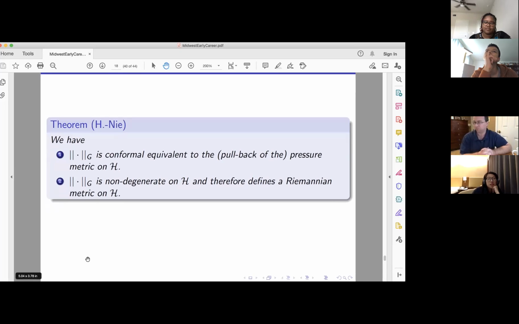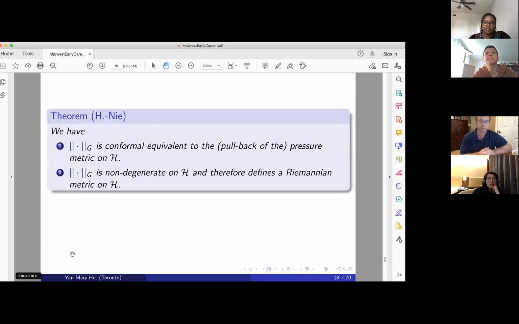As we said before, a priori we do not know if the pressure metric is degenerate or not, and this is the most difficult part: to find out whether the pressure metric is non-degenerate, or in which direction of the tangent space the metric is indeed degenerate.